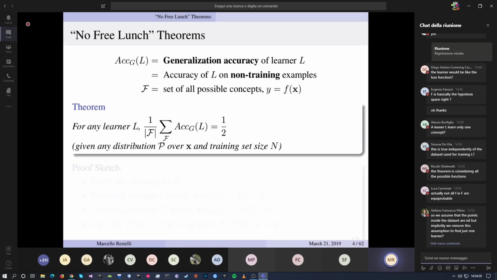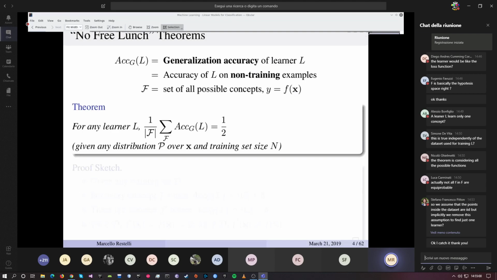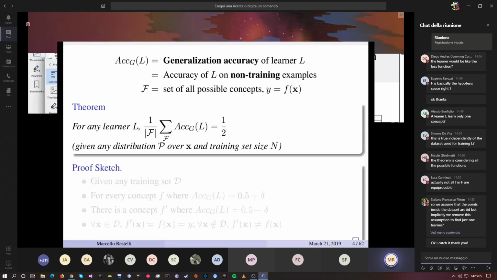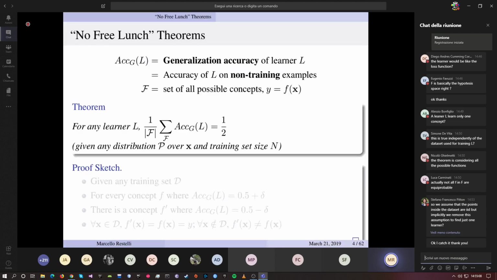I'm not putting attention now on the stochastic properties of the noise affecting the samples. I'm just saying that there is some relationship between the input variables and the target variables, okay? And this relationship has some regularities. Usually the noise affecting the sample is always considered as independent. This is always assumed.